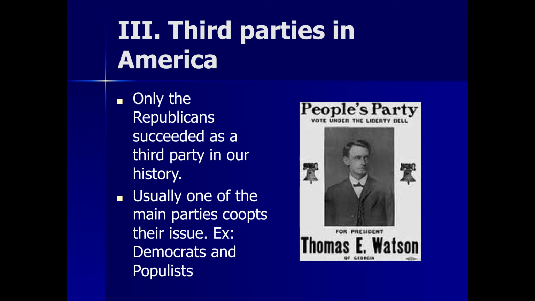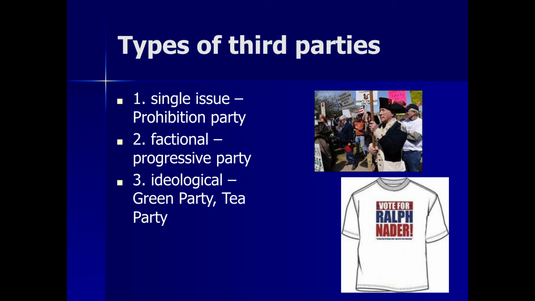All right, so then there's the history of third parties, and we're getting very, very close to the end. Republicans seceded as a third party. Usually what happens is one of the main parties takes over the issue of the third party. There are 3 types of third party: the single issue party, such as the Prohibition Party; the factional or splinter party, such as the Progressive Party, led by Teddy Roosevelt, who split off from the Republicans in 1912.